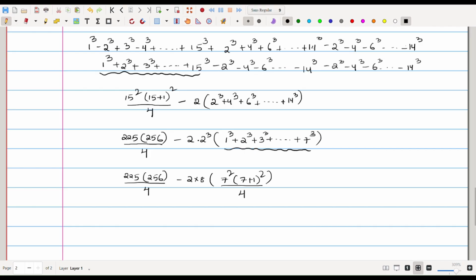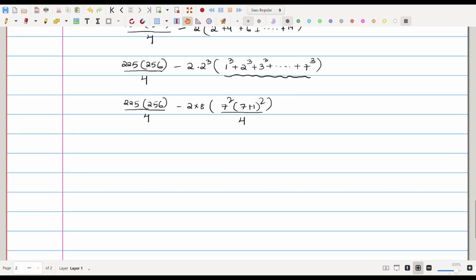Now if you calculate, 256 by 4 is 64. So this is 225 into 64 minus, we can cancel 4: 8 into 2 is 16, and 4 cancels, giving 4, into 7 square, 49, into 7 plus 1 whole square, which is 64.